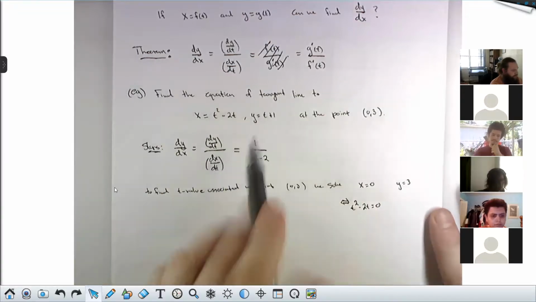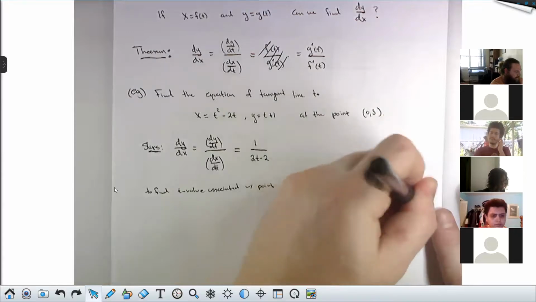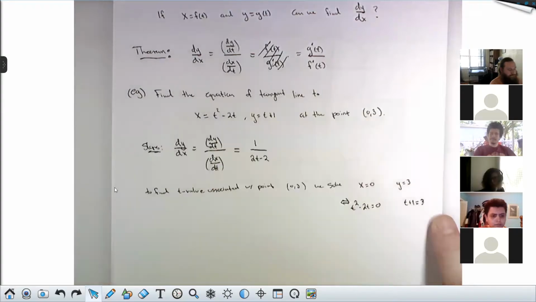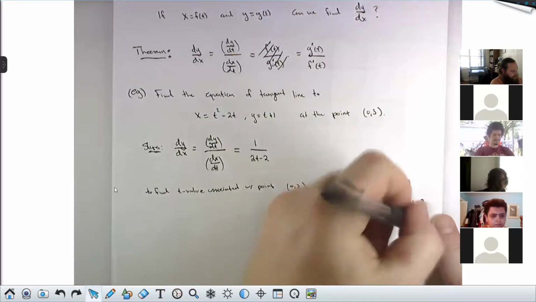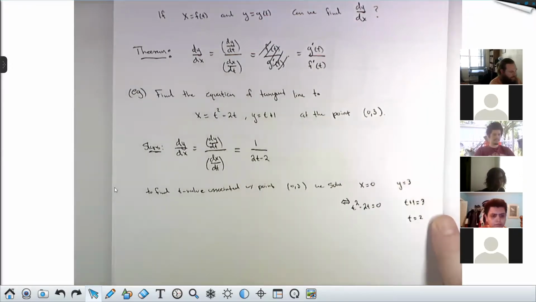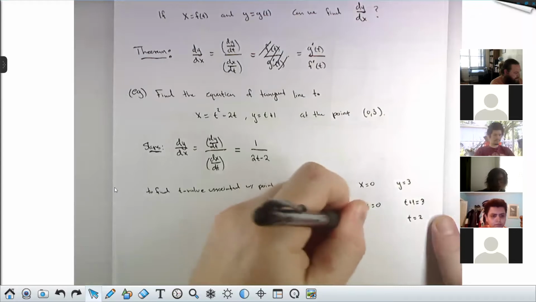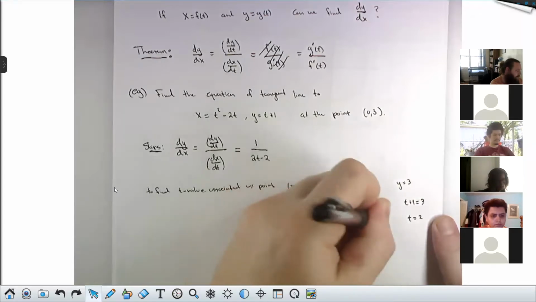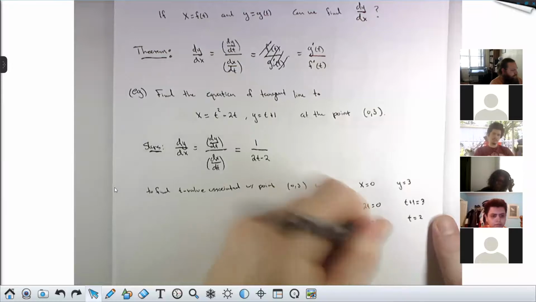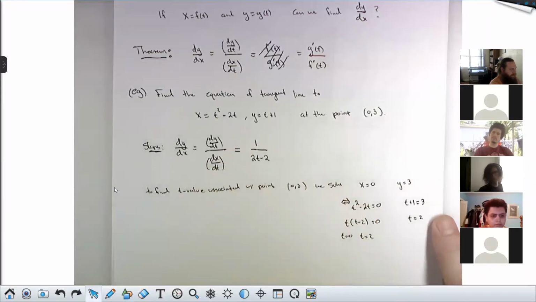And if y is equal to 3, that means t plus 1 is equal to 3. The first equation actually has 2 solutions. The second equation only has 1. So right away here, I could get t equals 2 and call it a day. But you can also factor here, you get t times t minus 2 equals 0. So you know that t is either 0 or t is equal to 2 from the x equation. From the y equation, you know t is equal to 2 right away.